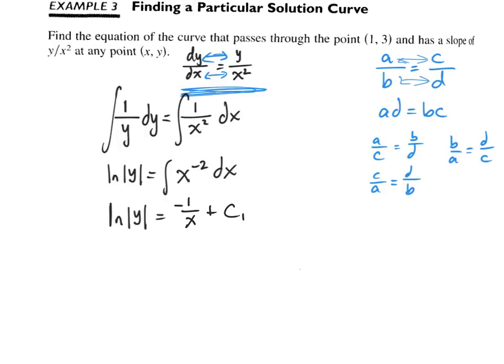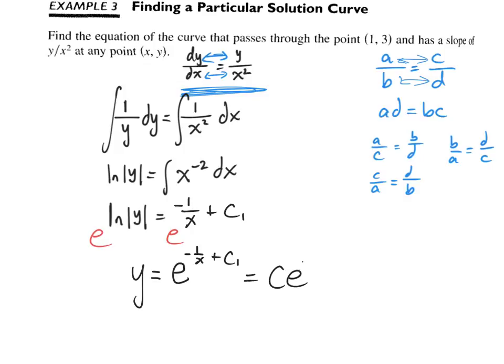Okay, so if I solve for y, what do I get? So for y, you get y equals c times e to the negative 1 over x.